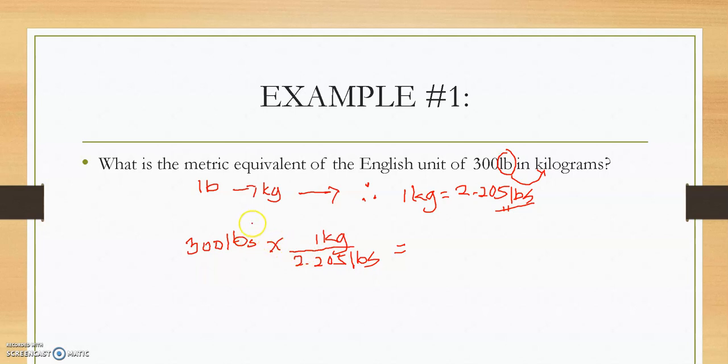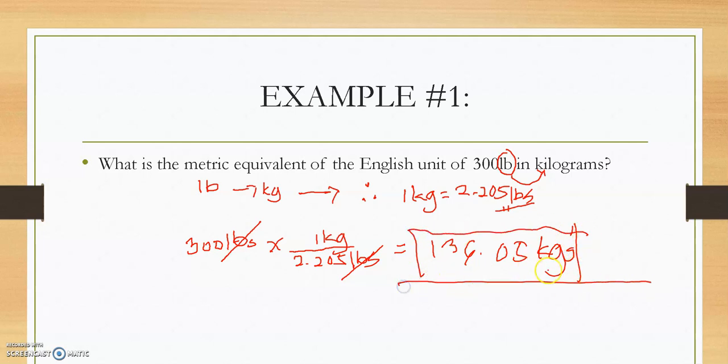Here you can see that the pound unit is being eliminated. So what is the answer here? 3 pounds divided by 2.205. If you have gotten the answer 136.05, then you are right. So this is your answer.